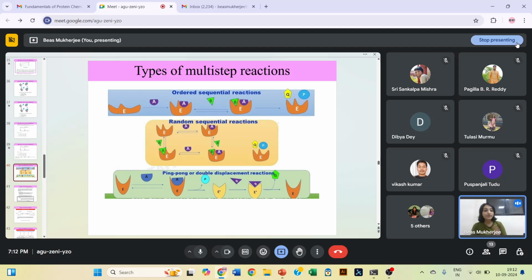There are 3 different types of multi-substrate reactions that we are going to learn about today: the ordered sequential reaction, the random sequential reaction, and the ping pong or double displacement reaction. We'll have a look at all of these.